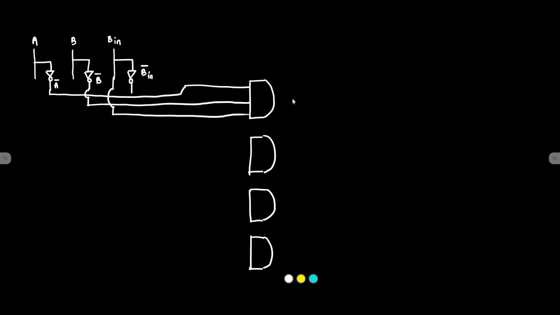Then let's take out A bar, B, B in bar. Let's say the output of this gate is A bar, B, B in bar.